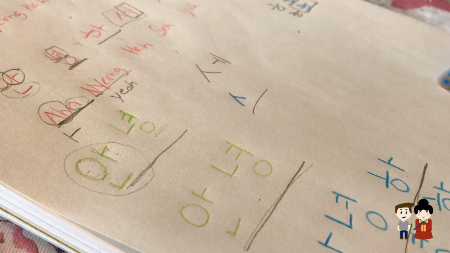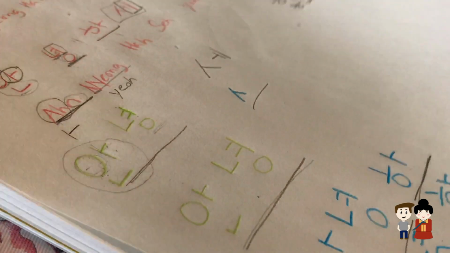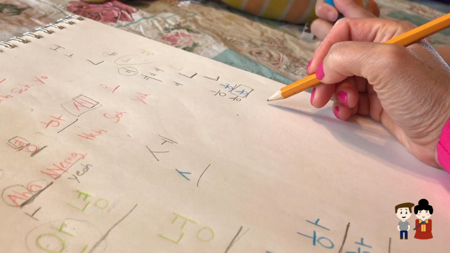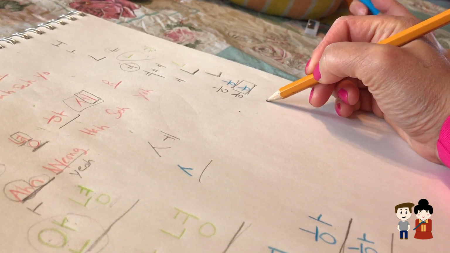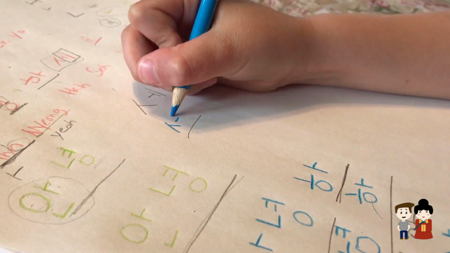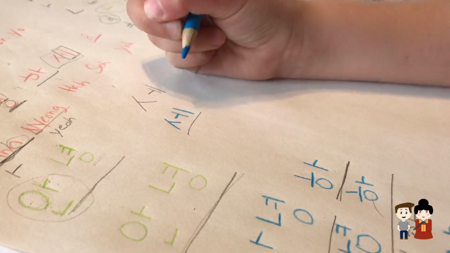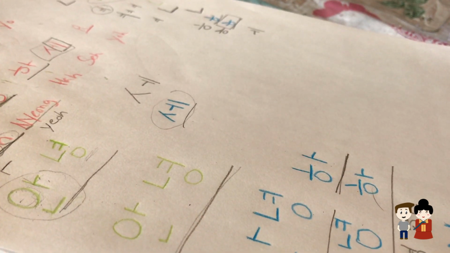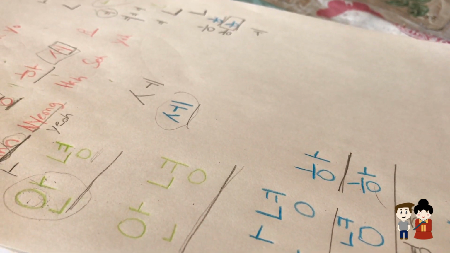Did you see that or no? Okay. So, can you see my hand? Good. The handwriting looks very nice here, darling. So can you write it again? Se.